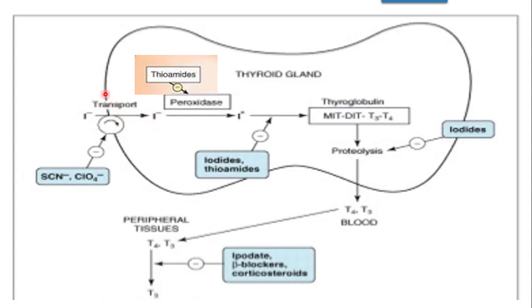So this step will be inhibited by these iodide trappers. And second is the thioamides class. This will act on the peroxidase enzyme, which will prevent the oxidation, and along with it is also acting on the conjugation. And propylthiouracil is again acting on this step, that is peripheral conversion.